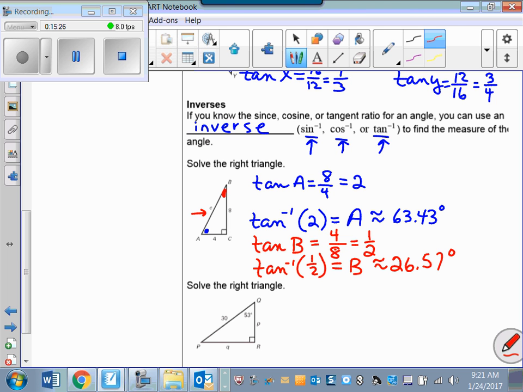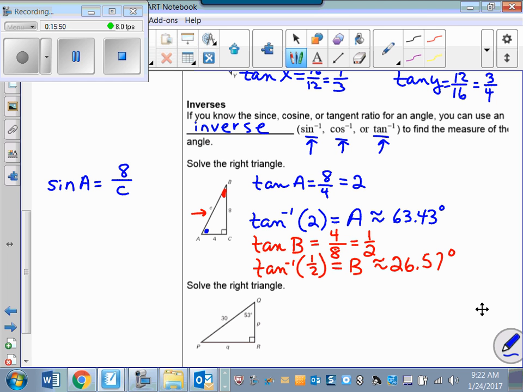Well, let's just use our approximation that we got for angle A. Let's take the sine of angle A. What is the sine of angle A, guys? Well, it's side opposite, which is 8, over the hypotenuse, which is C, right?